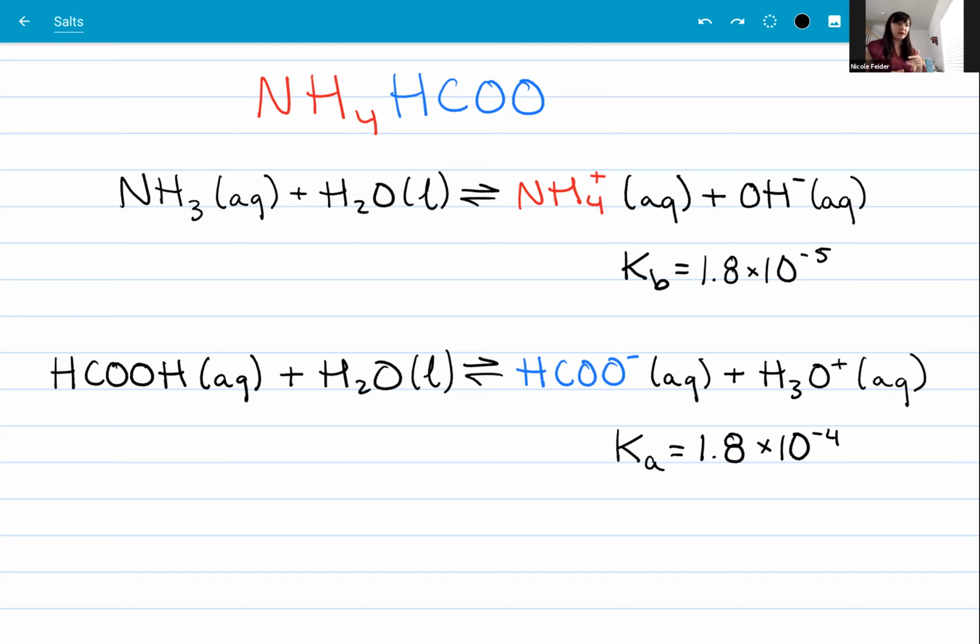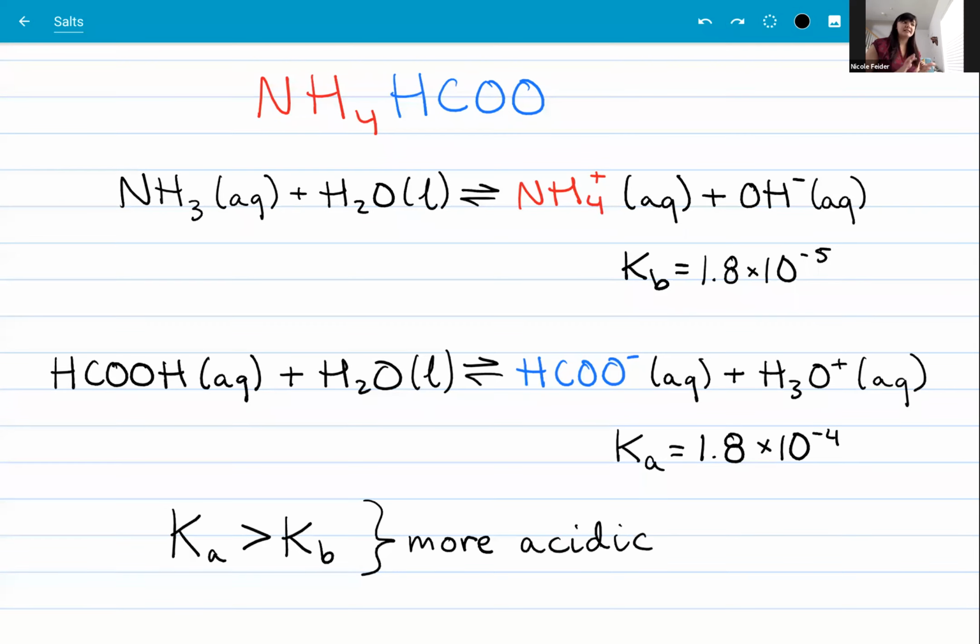So just comparing the weak base ammonia and the weak acid formic acid, we can see that formic acid has a larger Ka than ammonia's Kb. That translates to formic acid being stronger than ammonia, and hence the salt is more acidic in character. So this solution is mildly acidic.